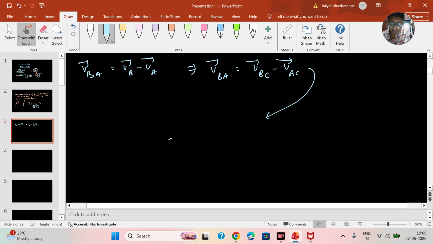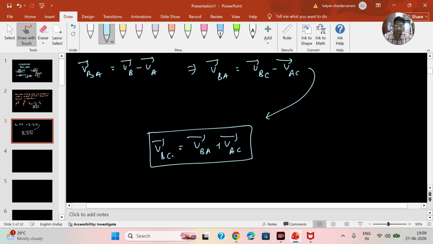If you rearrange this, you get VBC is VBA plus VAC. Just rearrange this term and send it to that side. You get another idea of relative velocity. VBC is VBA plus VAC.